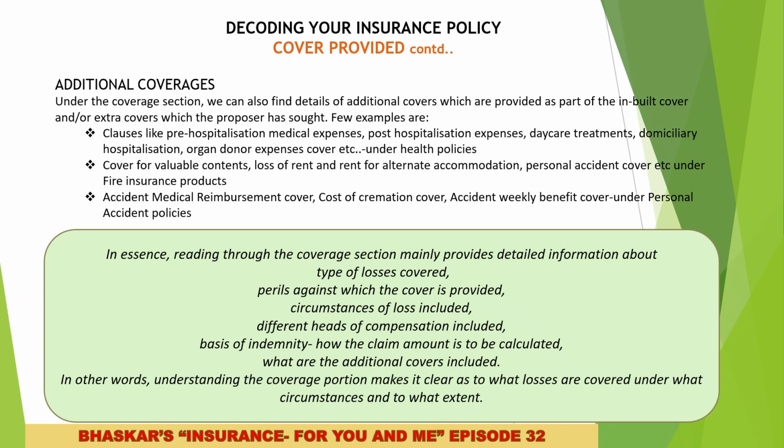In a sense, reading through the coverage section mainly provides detailed information about the type of losses covered, perils against which the cover is provided, circumstances of loss included, different heads of compensation included, basis of indemnity, that is how the claim amount is to be calculated, and what additional covers are included. So these are the main aspects covered in the coverage section.